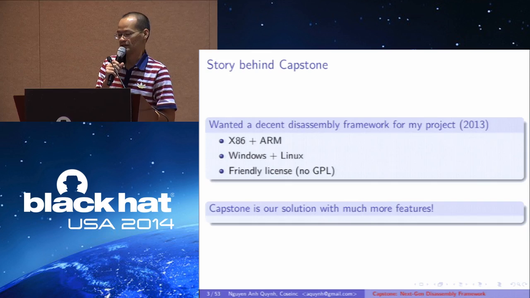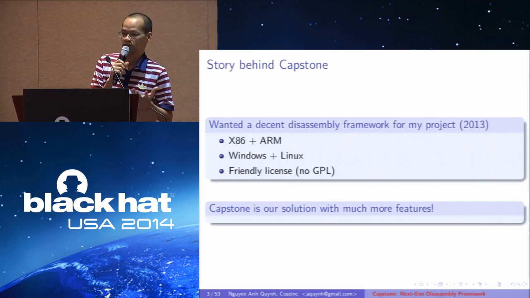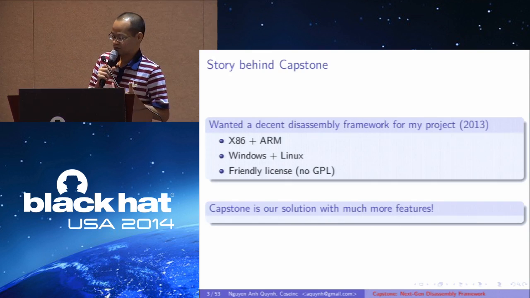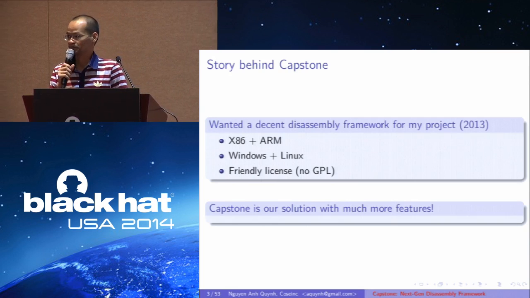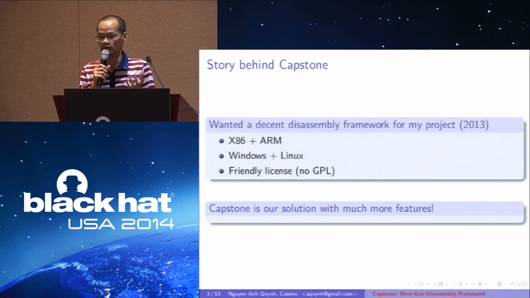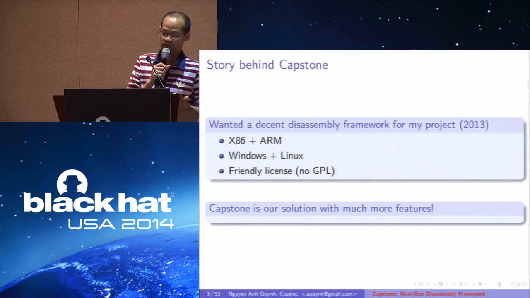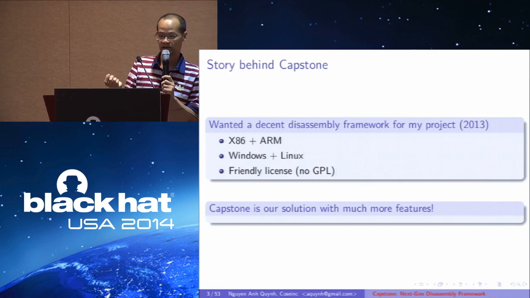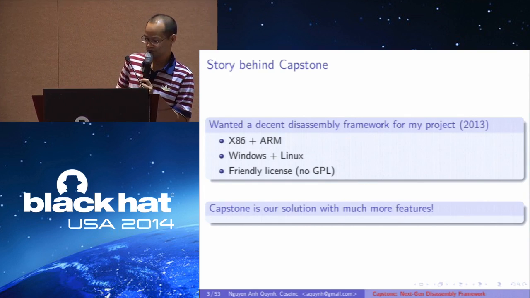So after that, I decided that I wanted to make it work for other platforms. It's a change because now systems and applications and even everything are moving towards multi-platform. For example, Windows previously only worked on x86, but now you can find Windows running on ARM, and soon I think ARM64.